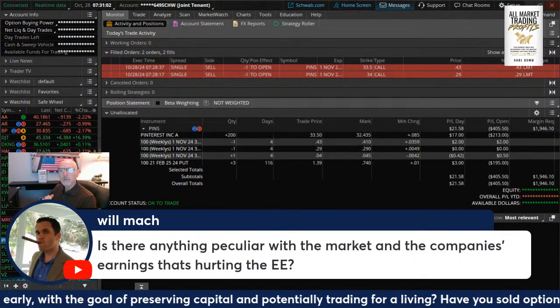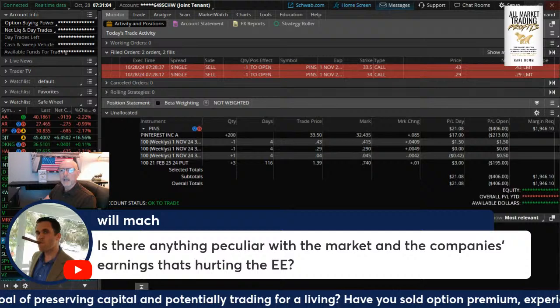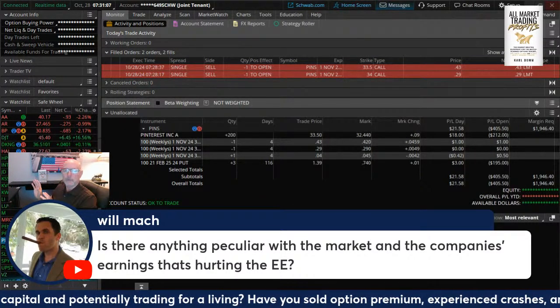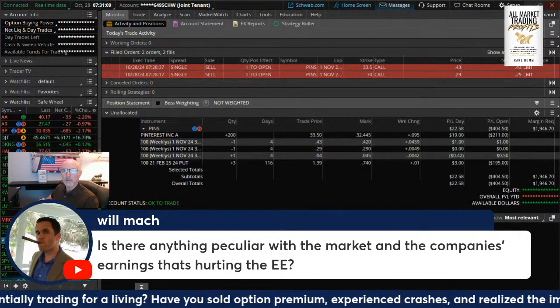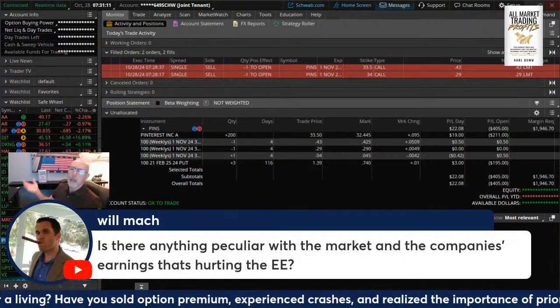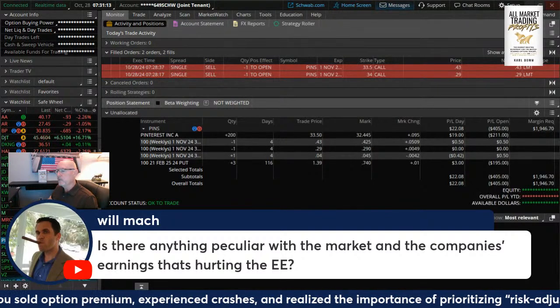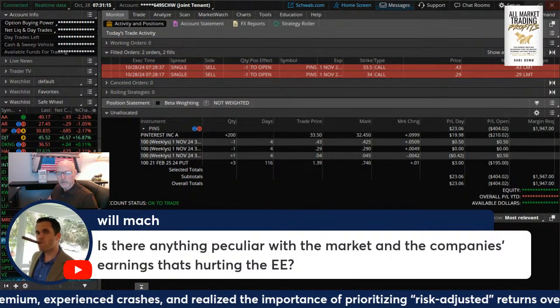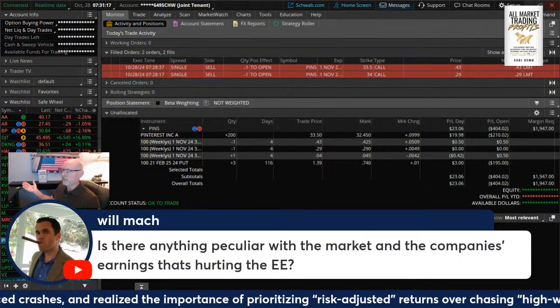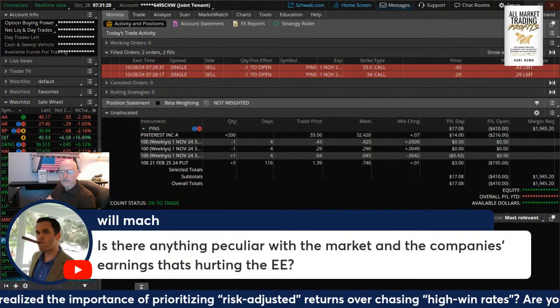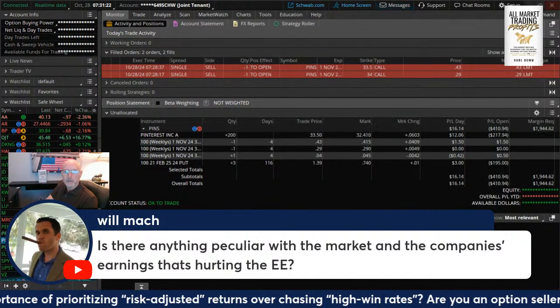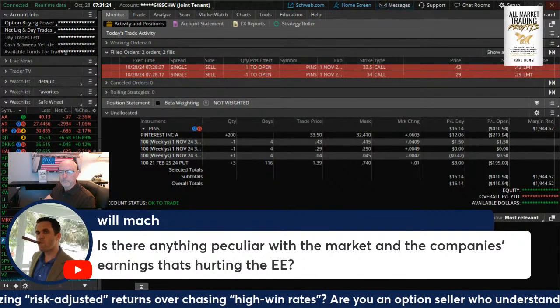But we really do need a move to happen before earnings. We need a move that's out of the ordinary or that's unexpected, and about half the time that happens. Half the time the move is not as much as expected, and half the time the move is more than expected. So that's kind of how the earnings edge works. And when it's more than expected, the earnings edge can capitalize on that.